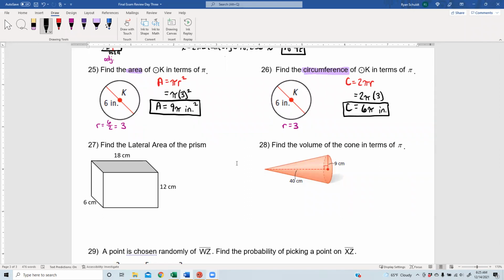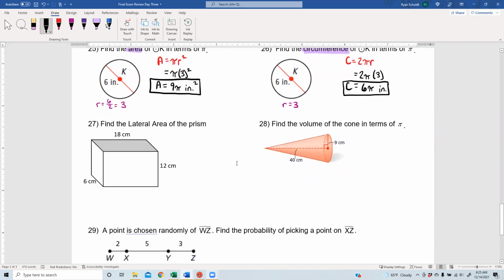Okay, 27. What's the lateral area of the prism? So lateral area of a prism. Our formula for that? PH.